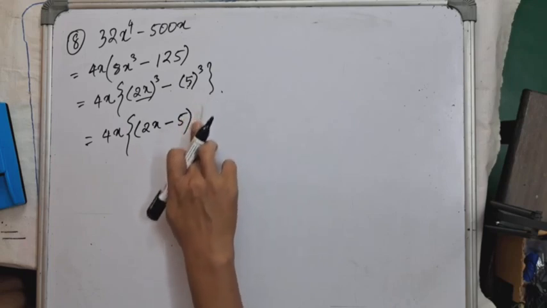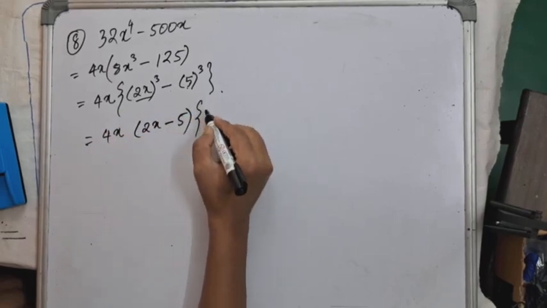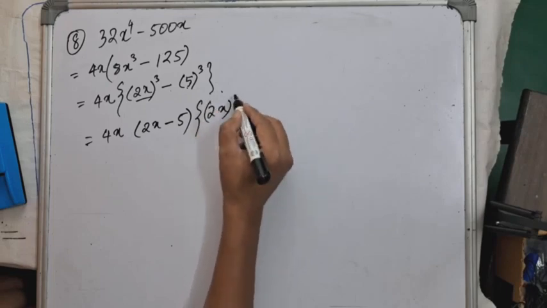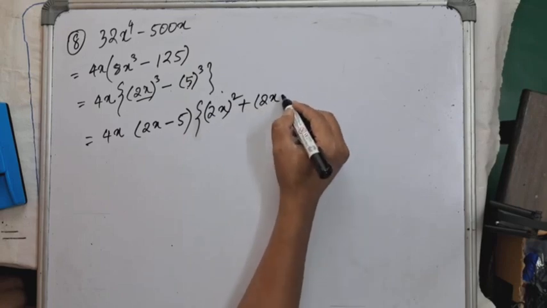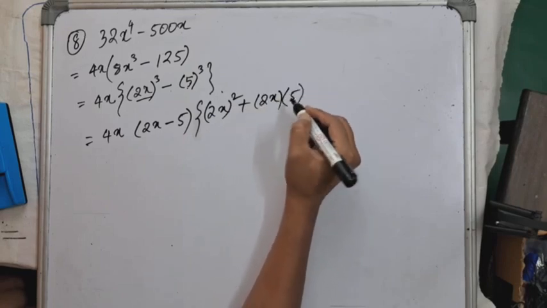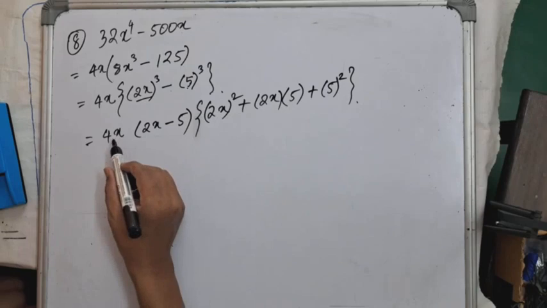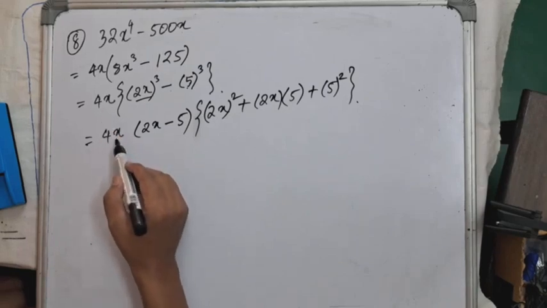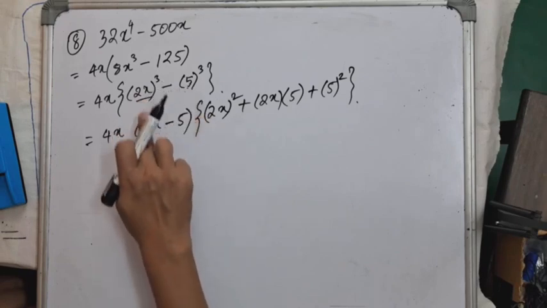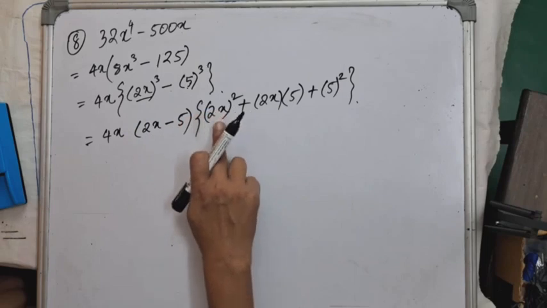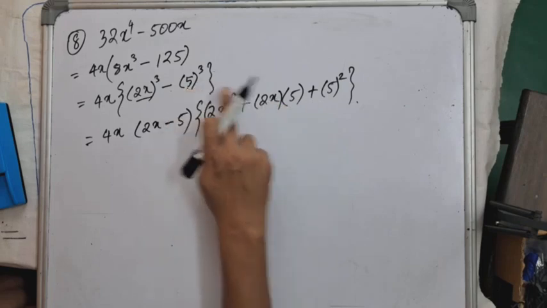Let me write again. a squared, a is 2x, a squared plus ab, a into b, ab plus b squared. 4x, this 4x we wrote here as it is. a cube minus b cube is a minus b into a square plus ab plus b squared.